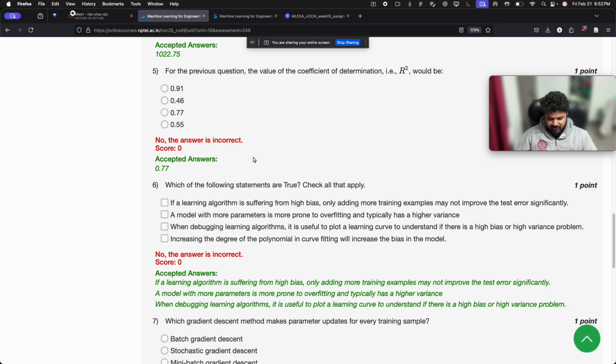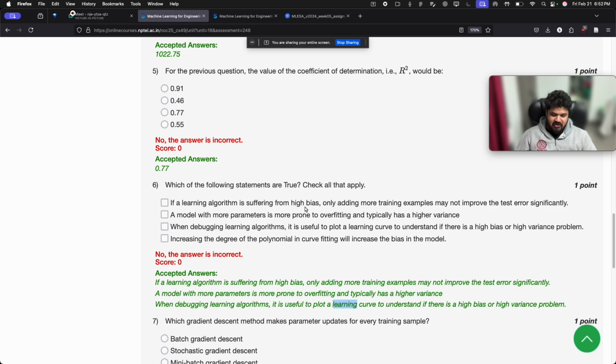Do you want me to solve it, or are the options significant? I told you that more parameters mean more fitting problems, so that has high variance. Last class I told you, when debugging a learning algorithm, it's useful to plot a learning curve to understand whether this is a high bias or high variance problem. The learning curve is basically the error curve; it compares validation versus training.